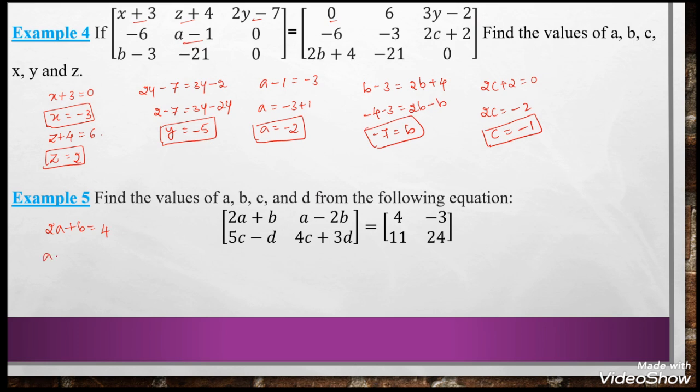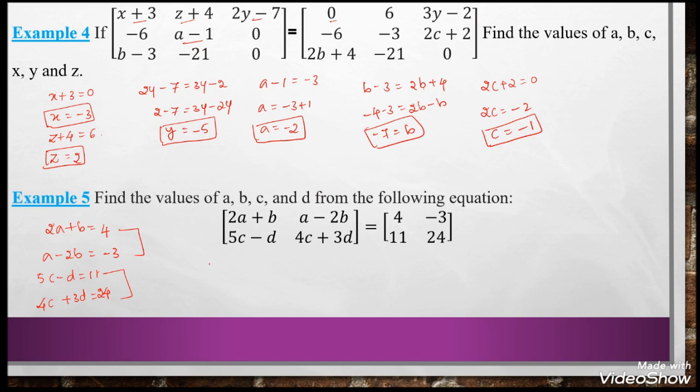Again, a minus 2b is equal to minus 3. 5c minus 3 is equal to 11 and 4c plus 3 into d is equal to 24. Now compare the first two. We get the values of a and b. Again compare 3 and 4. We have to get the values of c and d.